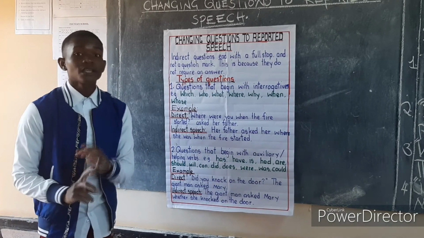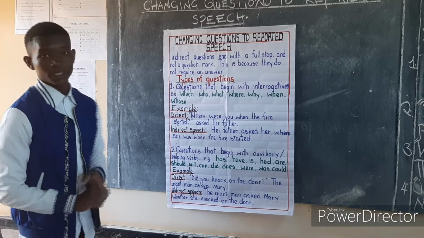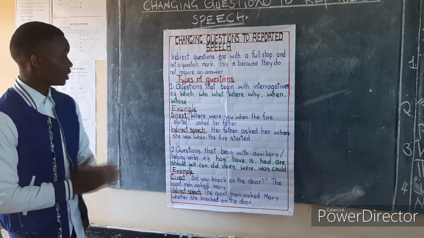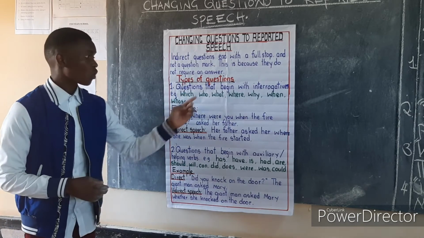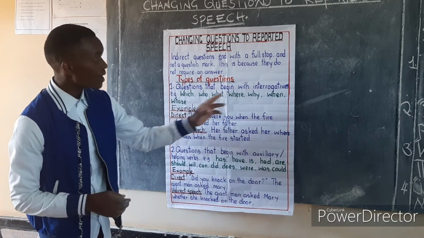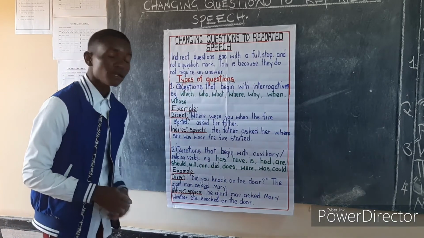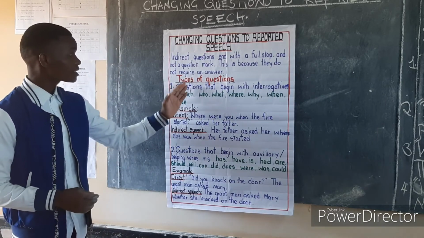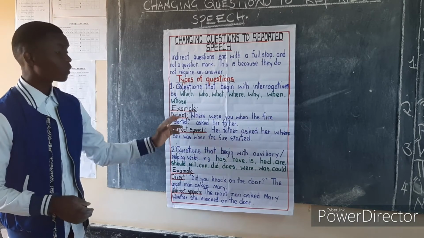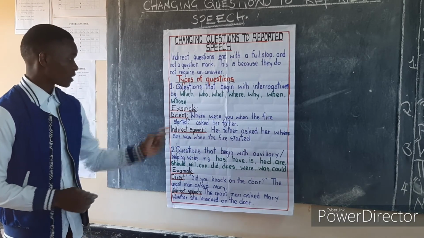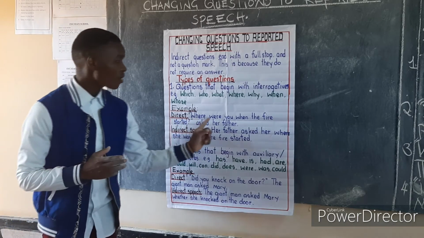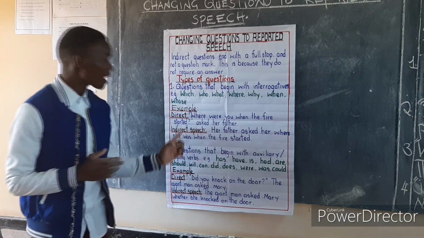And there are two types of questions. We have questions that begin with interrogatives, e.g., which, who, what, where, why, when, whose. I've given an example in direct speech: Where were you when the fire started?